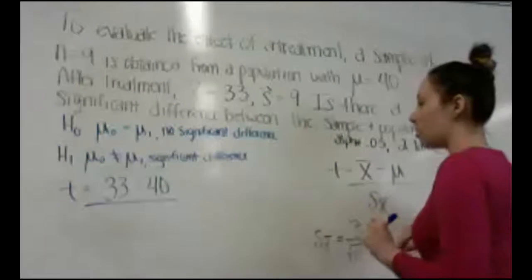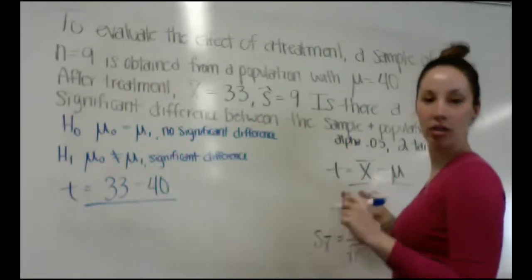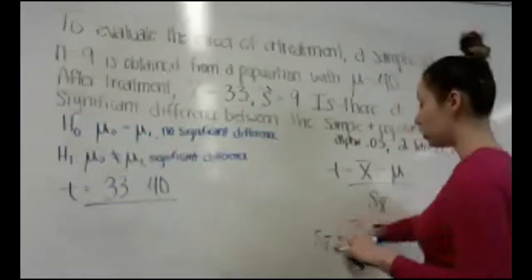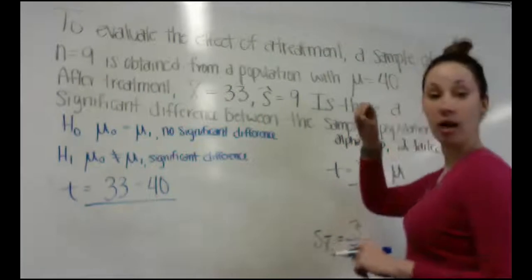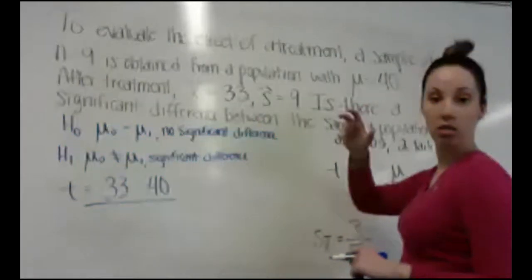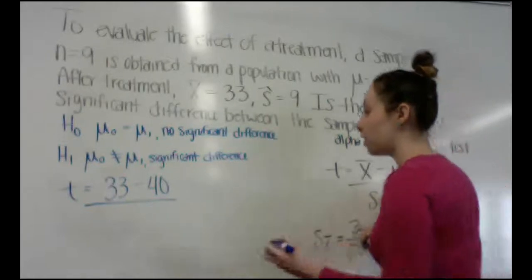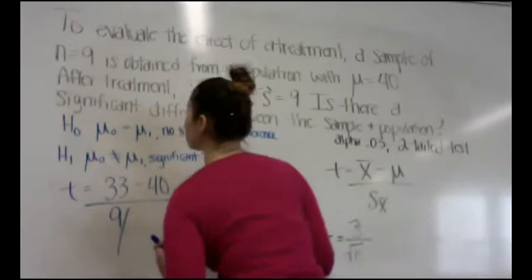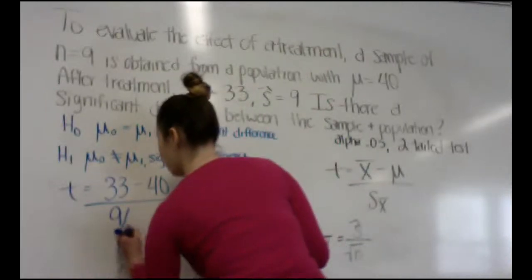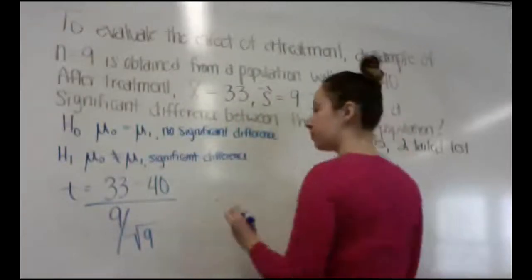We can put both of these formulas together into one. It's usually easier to do it that way so you're not doing several steps. However, you can do it separately. You can find one and then find the other, or you can combine the two, whichever is easier for you. So we have our sample standard deviation of 9 over the square root of our n, which is also 9. So that is our t equation.